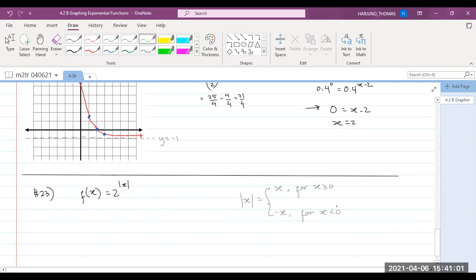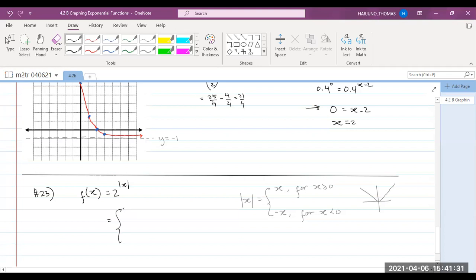So you can say that, Thomas, I know the graph of absolute x, it looks like a V. Now, the thing is that doesn't really help. That way of visualizing absolute x does not really help once you put this absolute x as the exponent. It's better for us to see that absolute x is equal to x when x is positive.